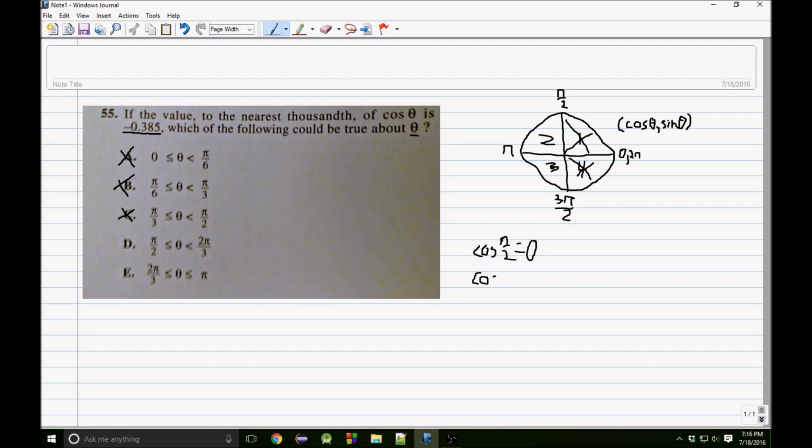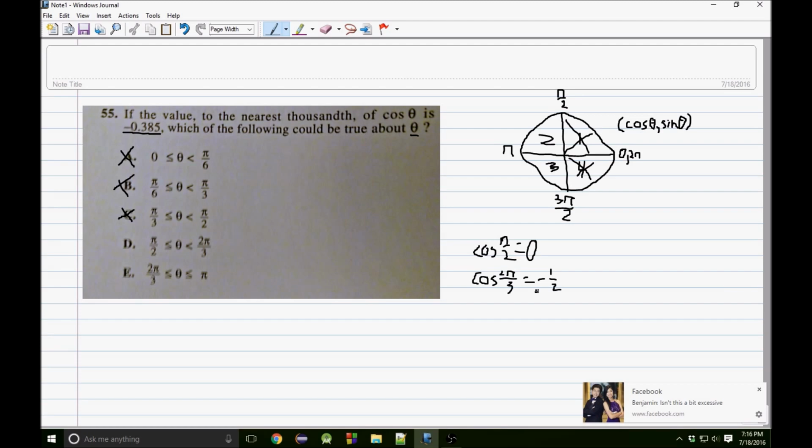That's negative half. Okay, right away we found our answer. Why? Because negative 0.385 has to be between 0 and negative half.